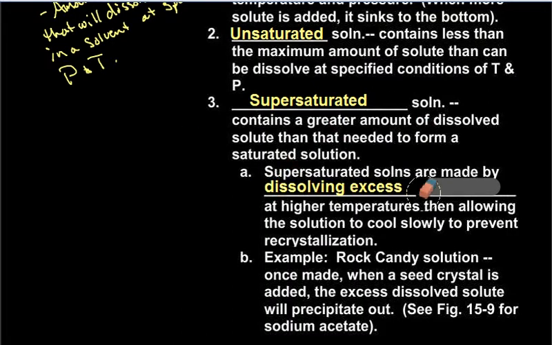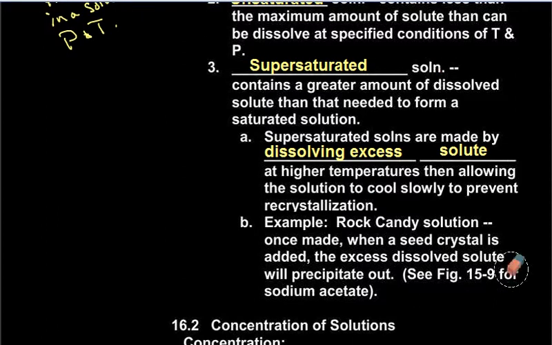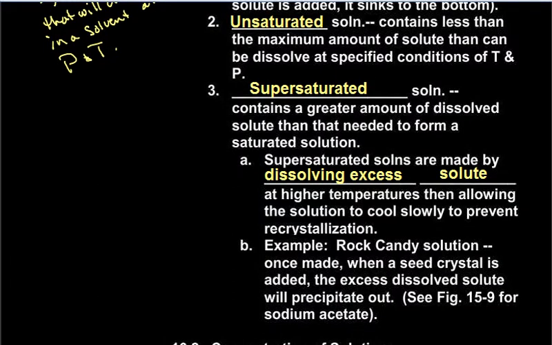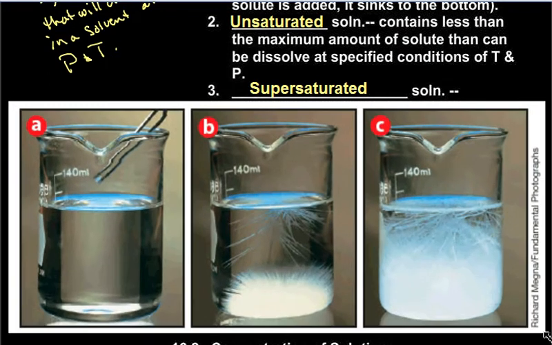You make them by dissolving excess solute at higher temperatures and then allowing the solution to cool very slowly to prevent recrystallization. For example, that's how we make rock candy, which we won't be able to do in here. When a seed crystal is added, the excess dissolved solute precipitates out. Here is the picture of the sodium acetate that the lecture refers to.